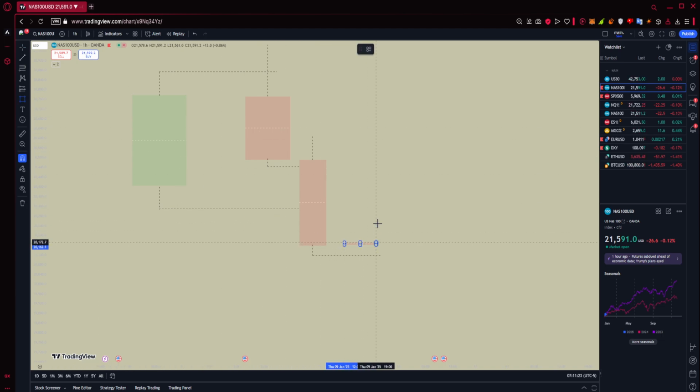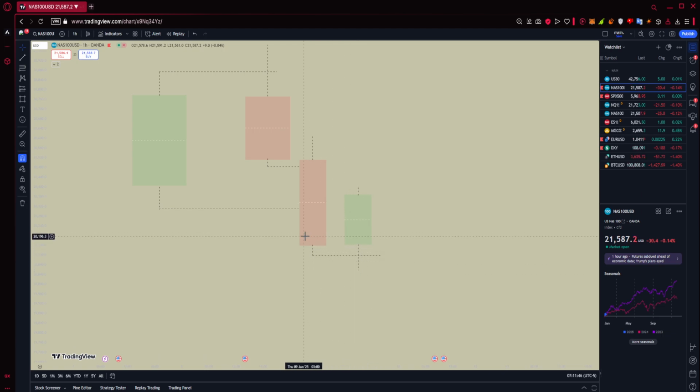Now let's assume that we open with a candle like this. This candle is going to be green, but this is yellow, this is not green. Something like this. And we sweep this and close like this. We failed to close below the wick with a body. We closed with a wick.